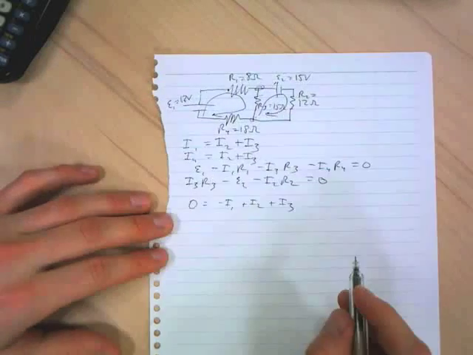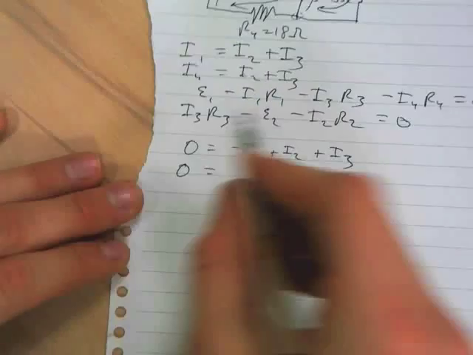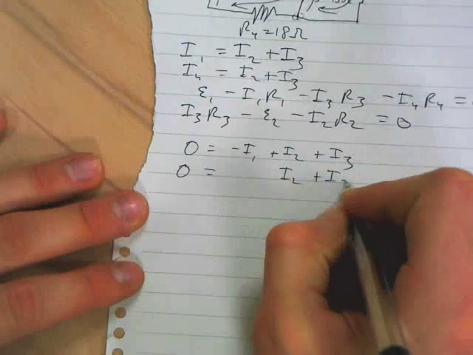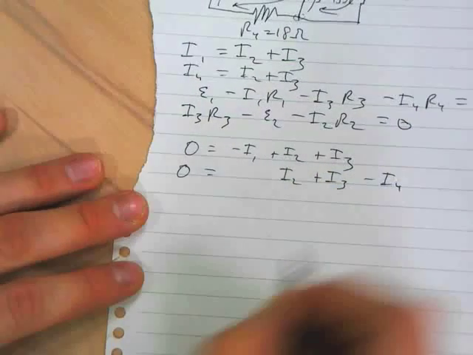Collect all the variables onto one side. Then our second equation, we can say 0 equals, and I'm going to line things up here, I2 plus I3 minus I4. You should be getting flashbacks to pre-calc here when we're solving our systems of equations.